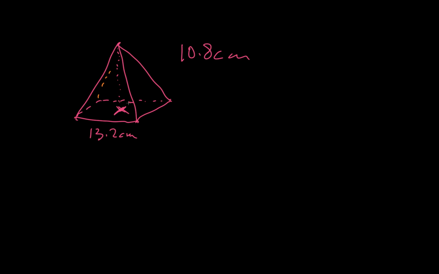So we're basically going to take a right triangle out of this, and so the height of that is 10.8, and this is going to be only half.